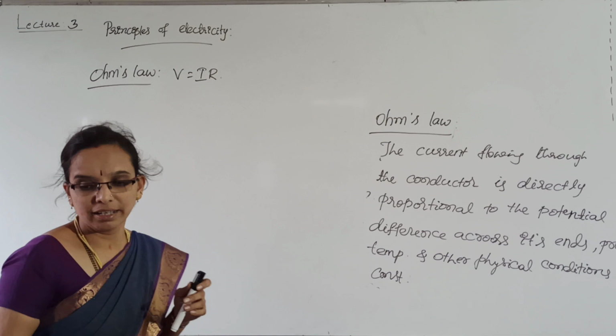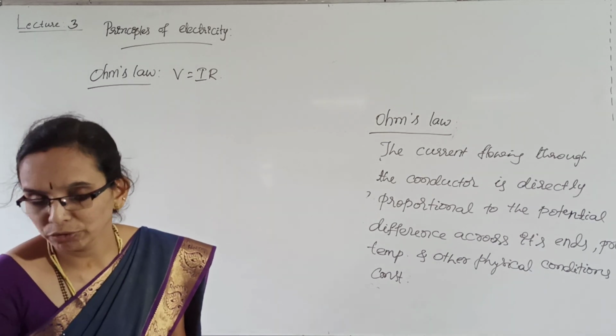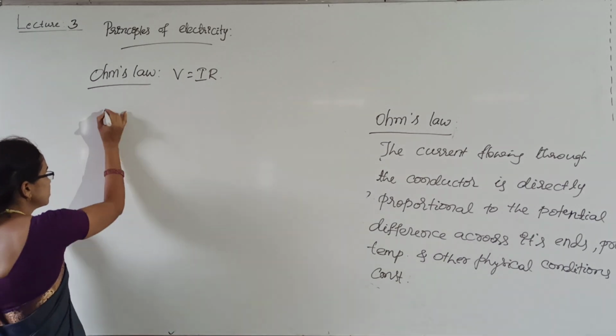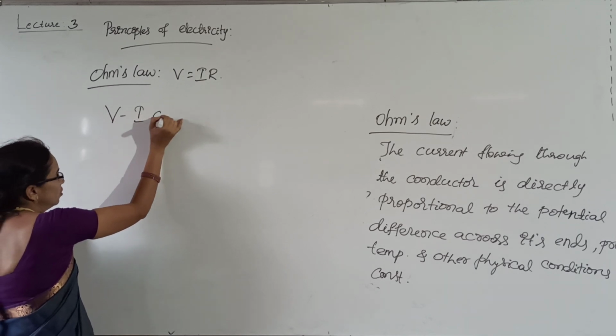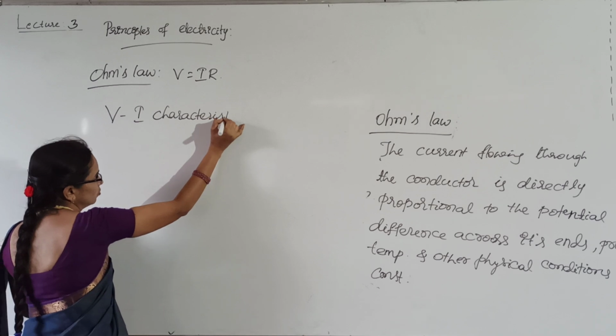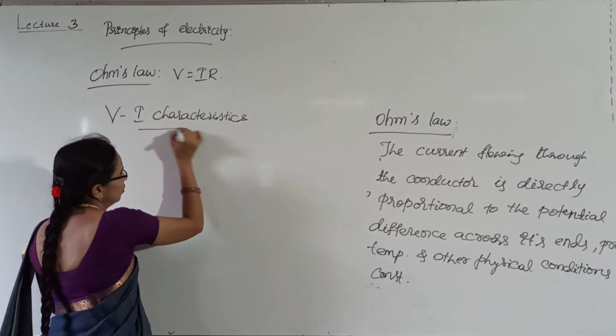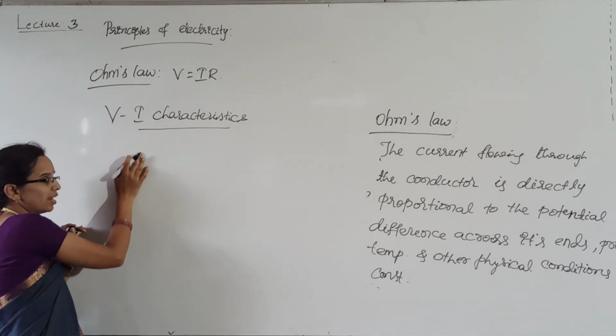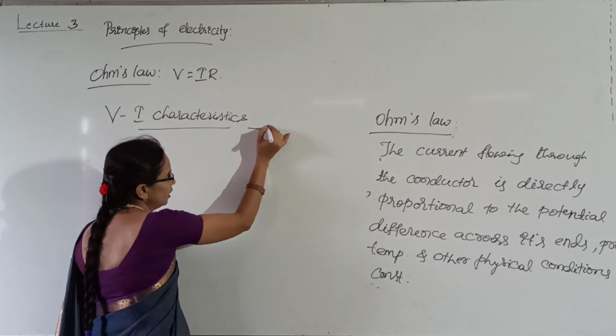And the graph of Ohm's law, if you draw the VI characteristics, voltage-current characteristics, that will be linear.